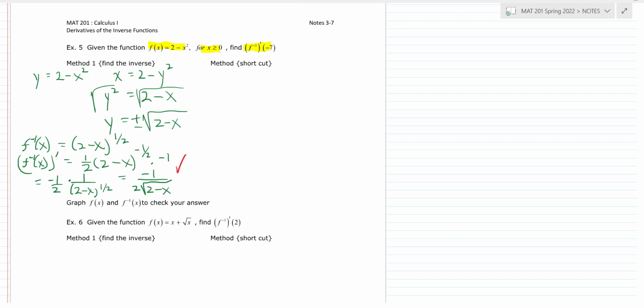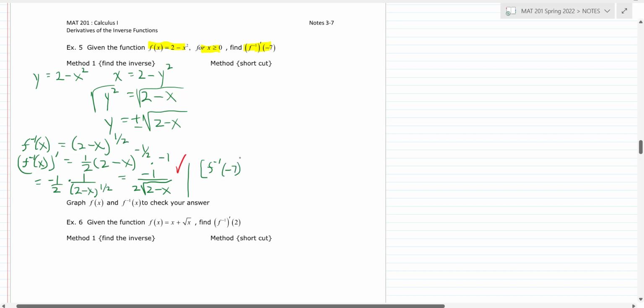Now what I need to do is evaluate this. So I need the derivative of f inverse, evaluated at -7. I'll put my prime like that, and then just plug it in. So I get -1 over 2 times the square root of 2 minus -7.